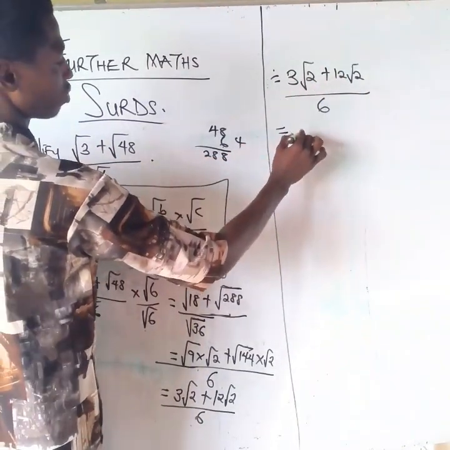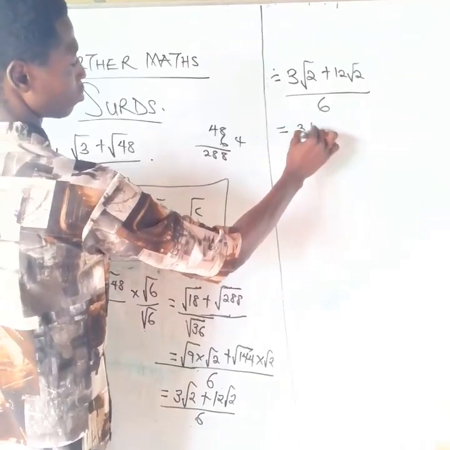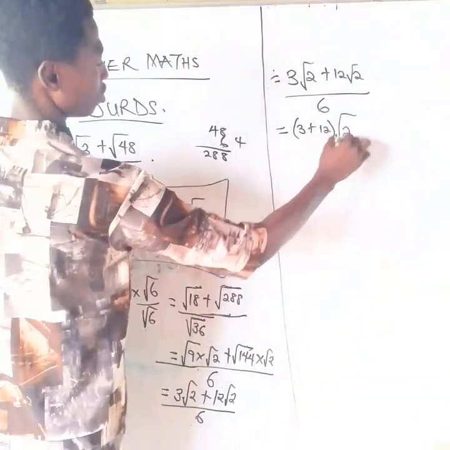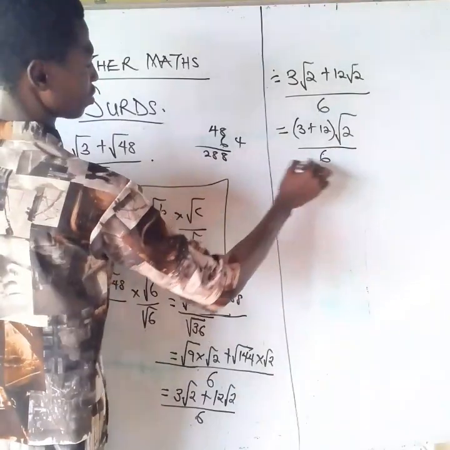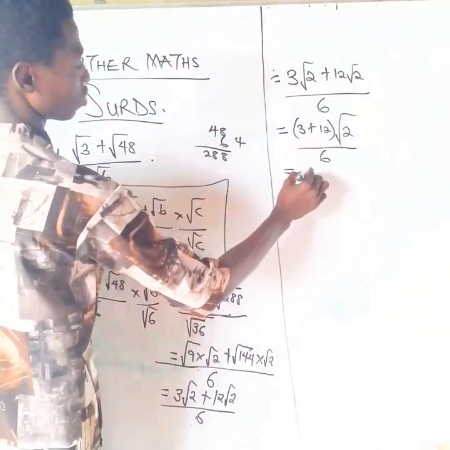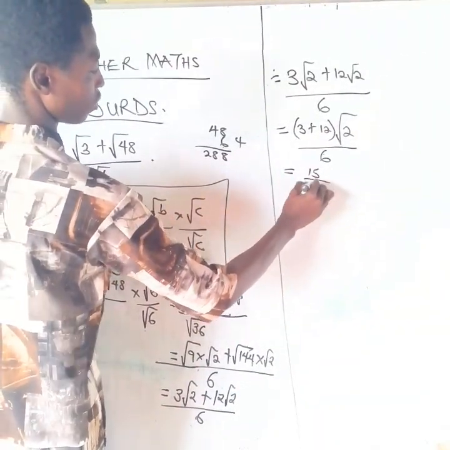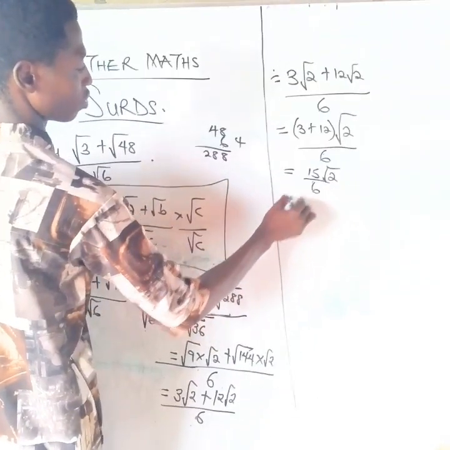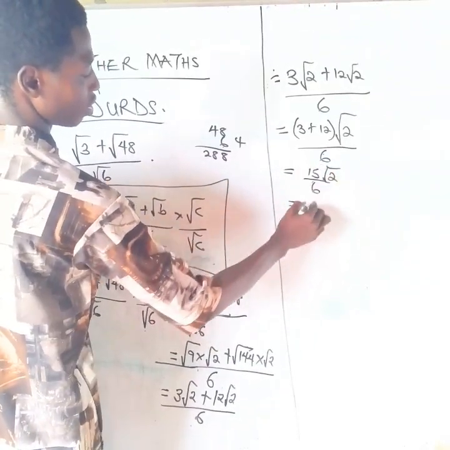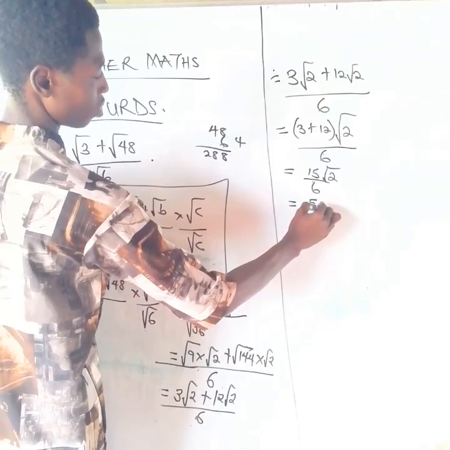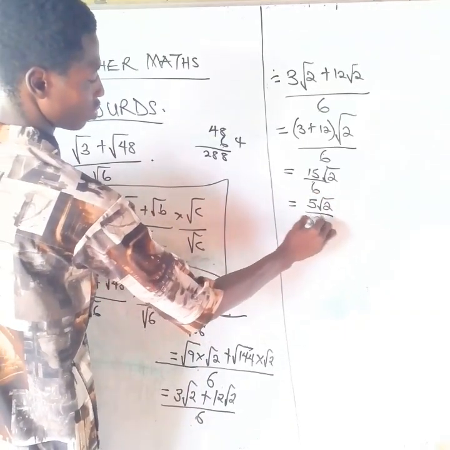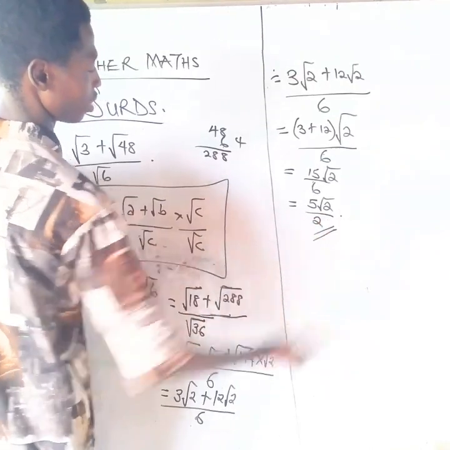So that gives us 3 plus 12 all root 2. You have over 6. 3 plus 12 is 15 over 6 root 2. So you have 3 here, 5 times root 2 over 3 into this is 2 times. That's your answer.